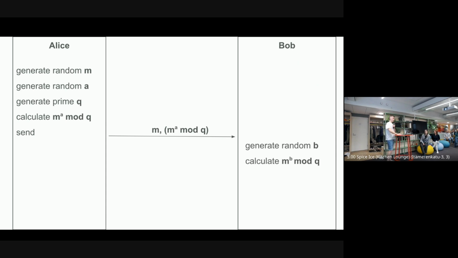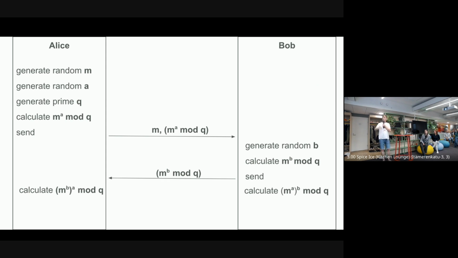Bob does the same, also does the mod, also sends it back, and now both sides have the same number. Sorry, yeah, Q also has to be sent over the network. Yes, thank you. It was almost intentional, the error.